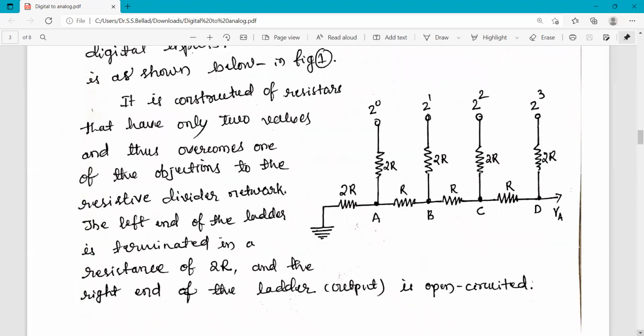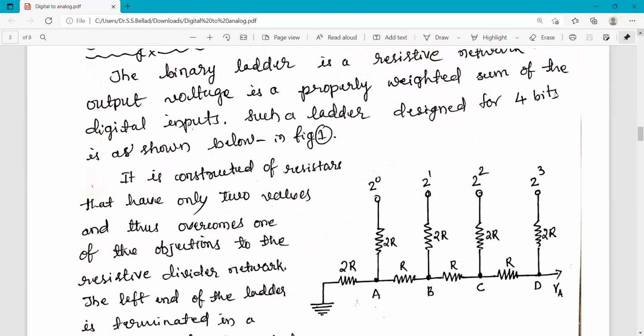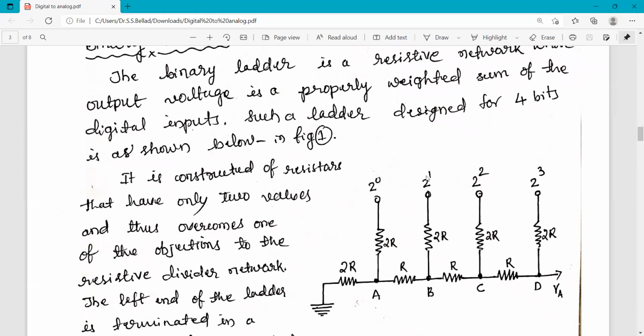This is the ladder network designed for 4-bit, and it is a 4-bit circuit because 4 digital inputs are there. It is constructed of resistors that have only 2 values, and thus overcomes one of the objections to the resistive divider network.